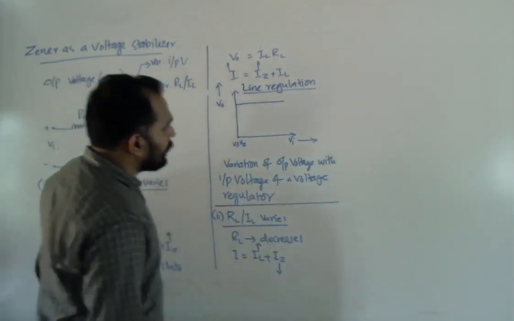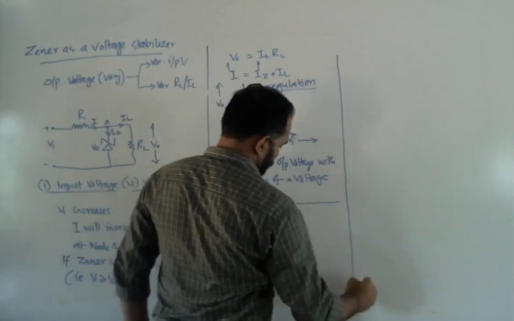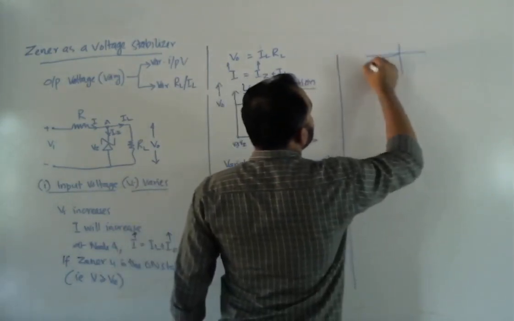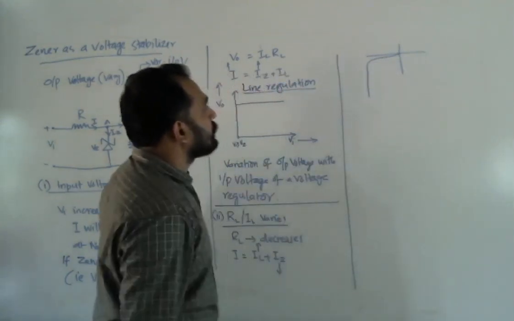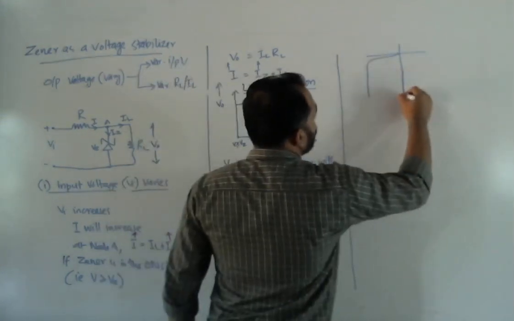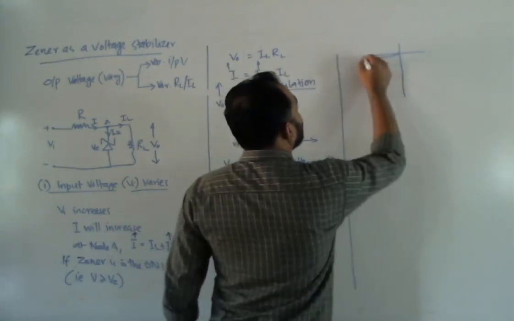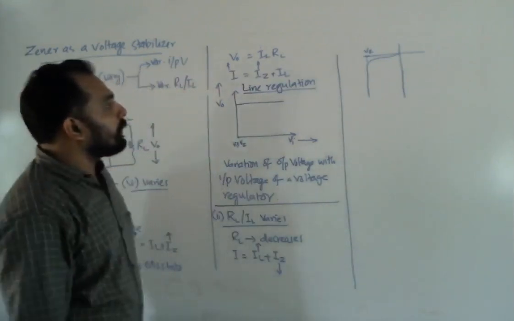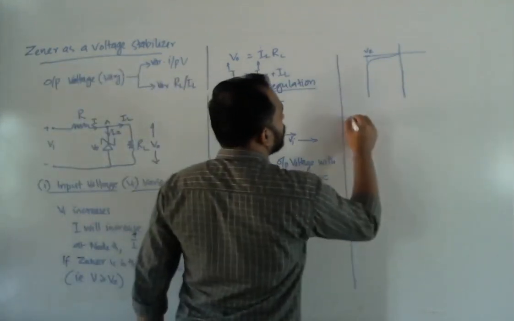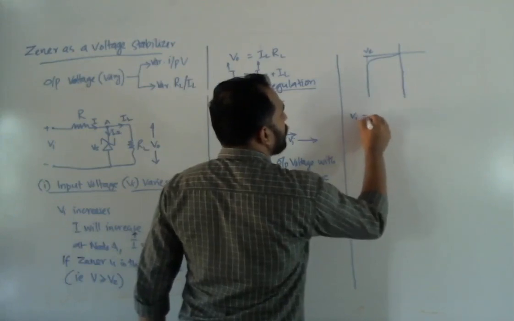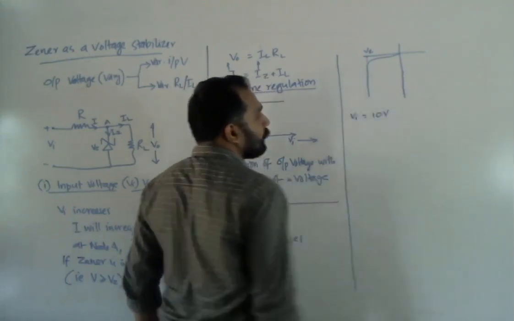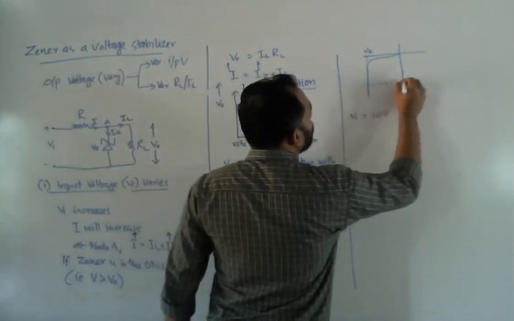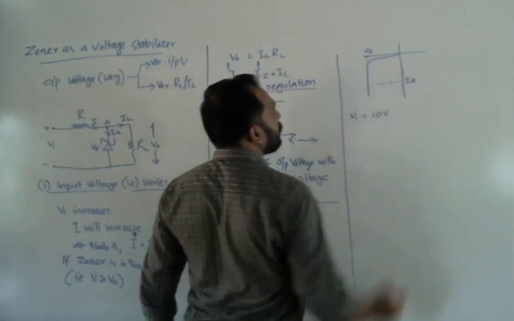To understand it very clearly, consider the reverse position. Suppose this is the reverse characteristics of a Zener diode, and say this is Vz. Now suppose when input voltage is say 10 volt, at that time suppose the corresponding Zener current is this one, Iz.